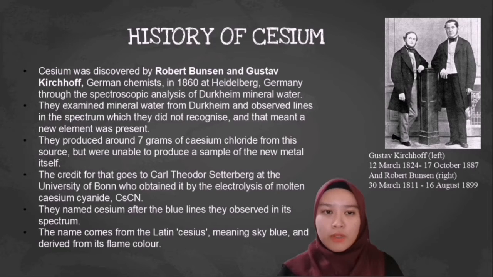They produced around 7 grams of cesium chloride from these sources, but were unable to produce a sample of the new metal itself. The credit for that goes to Carl Theodor Setterberg at the University of Bonn, who obtained it by electrolysis of molten cesium cyanide. Okay, so there is the image of Gustav Kirchhoff and Robert Bunsen at the right.